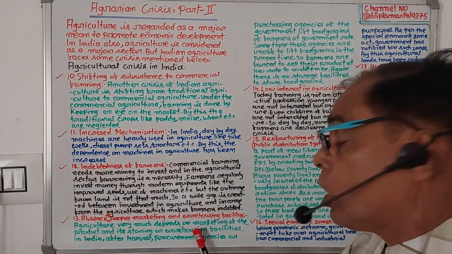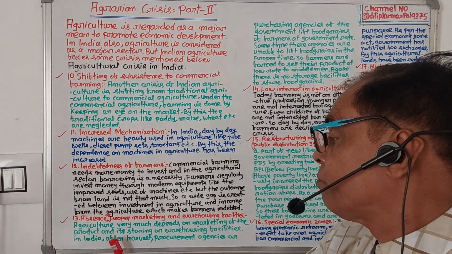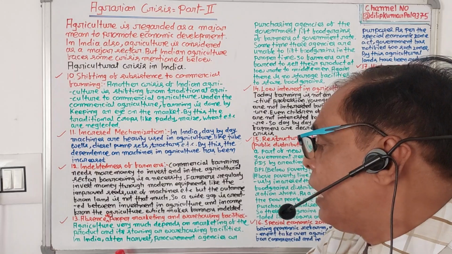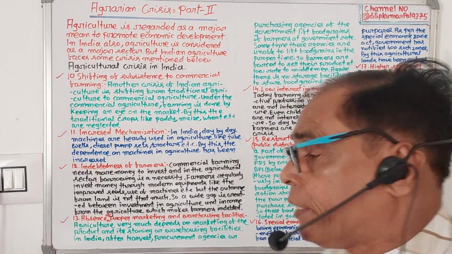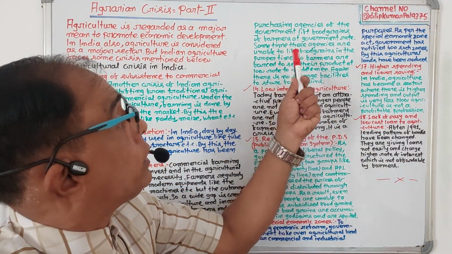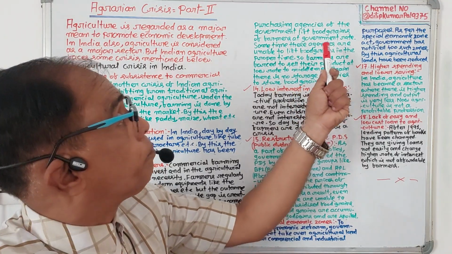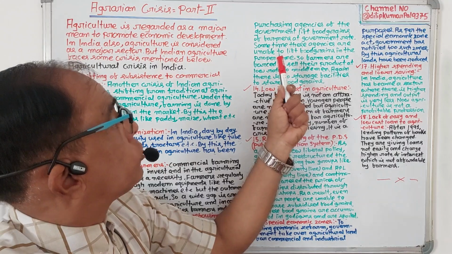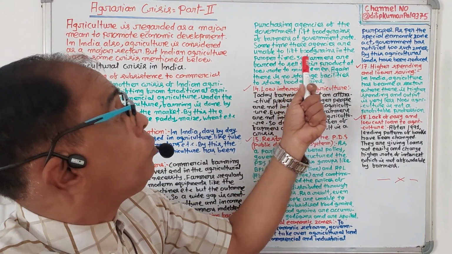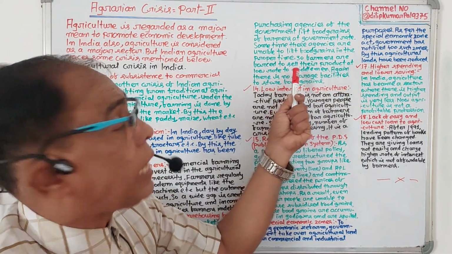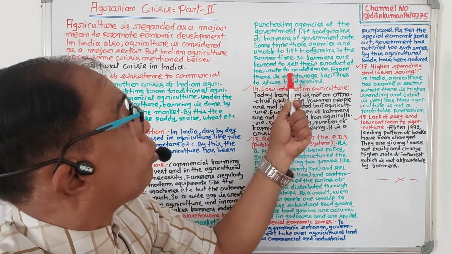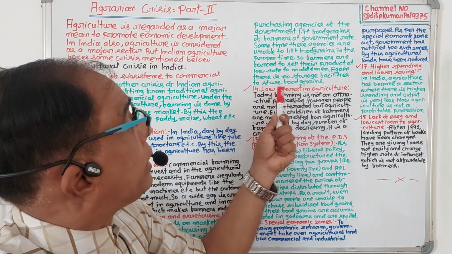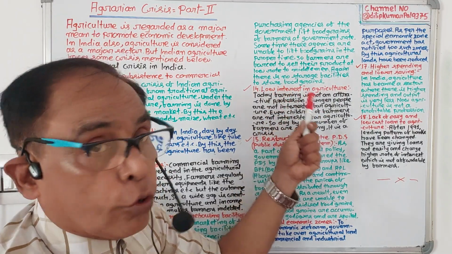Sometimes these agencies are unable to lift food grains in proper time. So farmers are forced to sell their product at low rate to middlemen. Again, there are no storage facilities to store food grains.